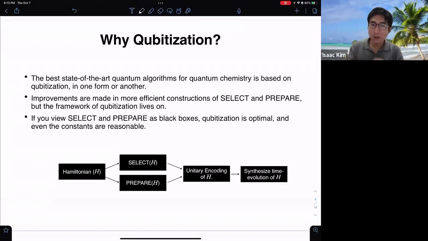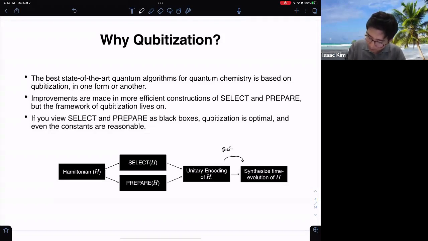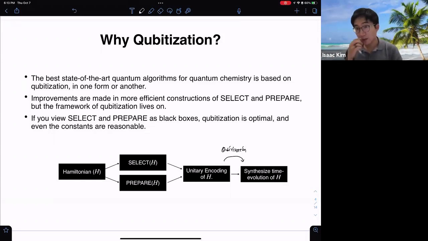There have been many works, which are obviously all different, but the framework of qubitization lives on, in the sense that this framework of, given a unitary encoding of H, synthesizing a time evolution is always the same.